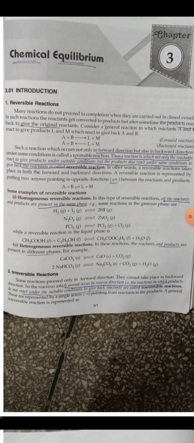Calcium oxide is in solid form and carbon dioxide is present in the gaseous phase. A second example of heterogeneous reversible reaction is sodium hydrogen carbonate, which on dissociation gives sodium carbonate, carbon dioxide gas and water.